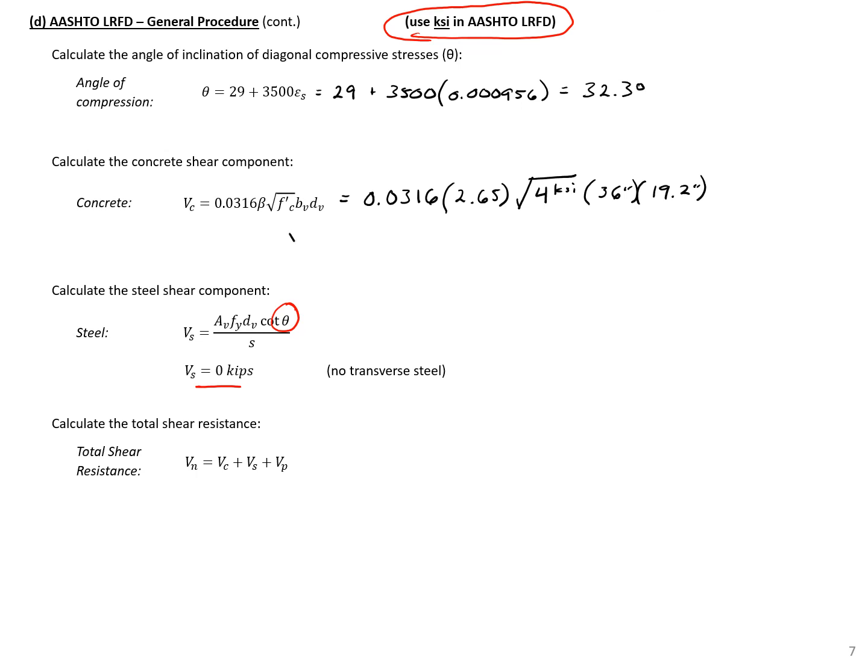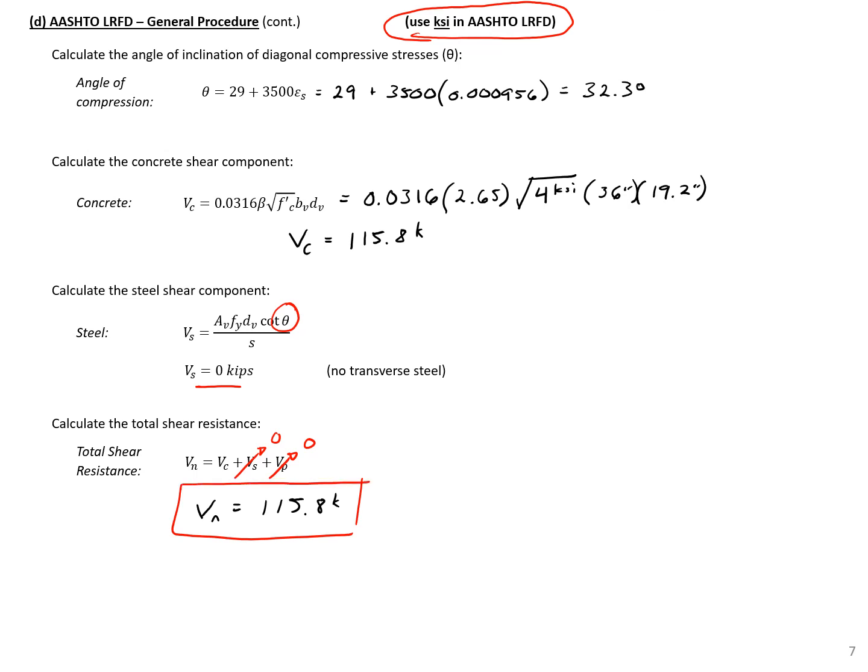And this will give us a V sub C equal to 115.8 kips. We don't have any steel, and we don't have any vertical pre-stressing component, so our V sub N is just equal to our V sub C, which is 115.8 kips.